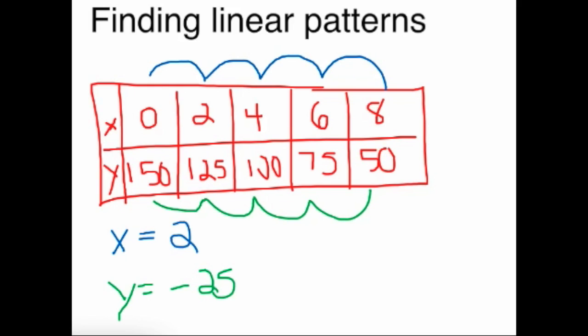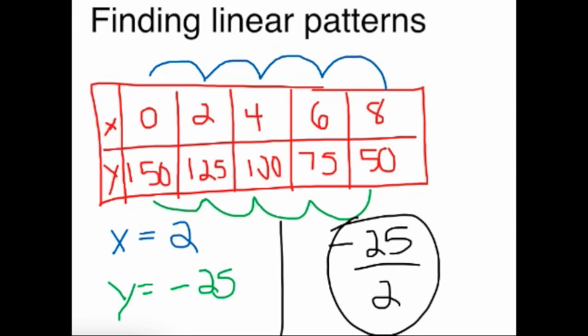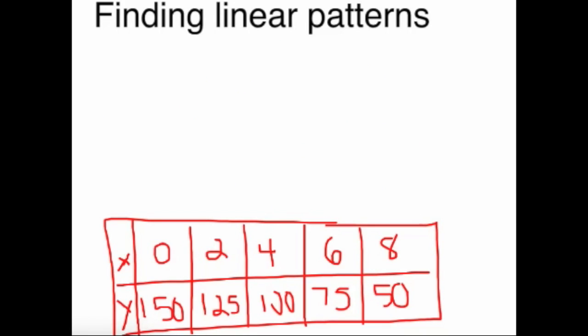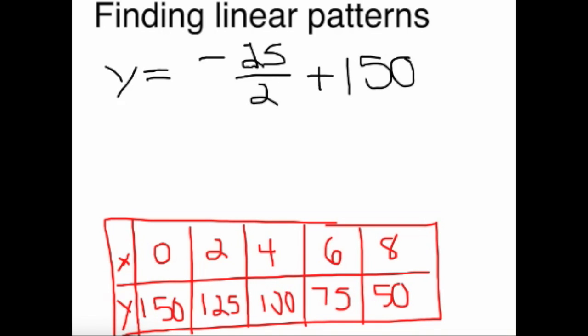Remember, our rise is our y value. So our y value is minus 25. Our x value is 2. This is the slope of this table. The slope-intercept form of this table is y equals minus 25 over 2 plus 150.